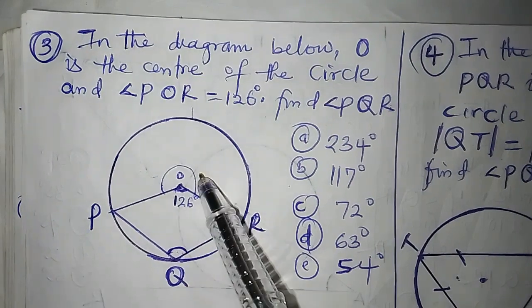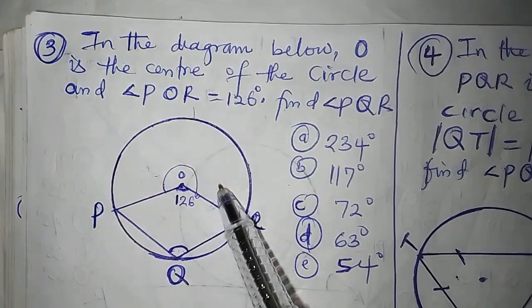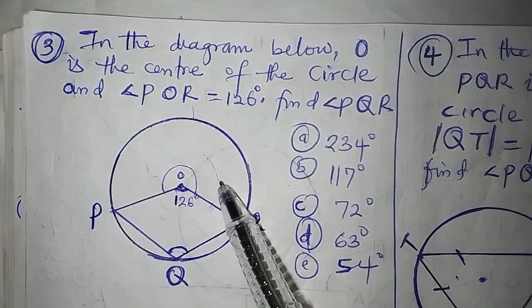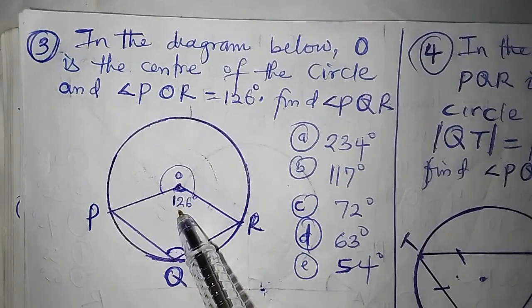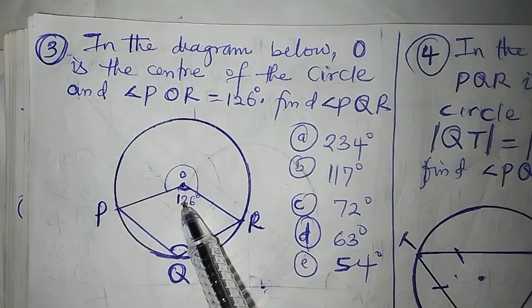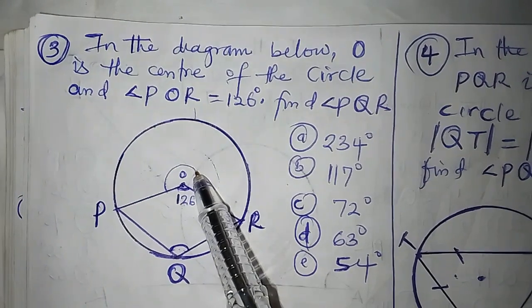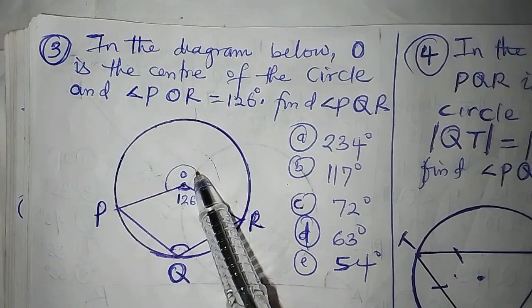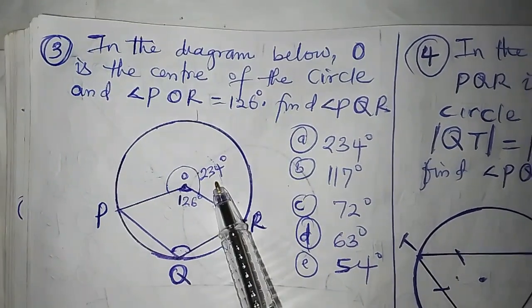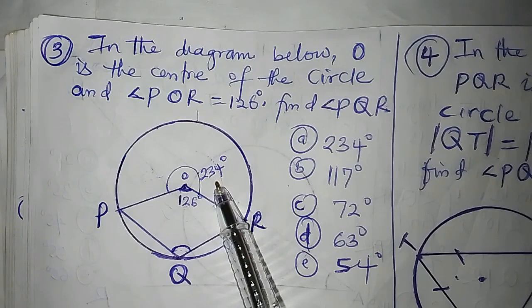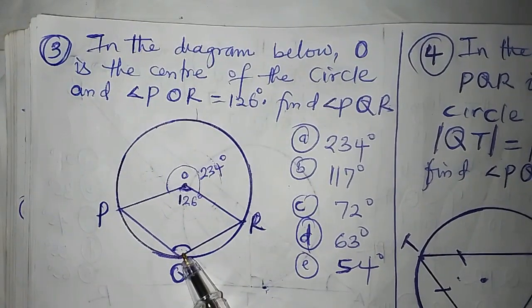Okay? But I know that everything here at this center is 360 degrees, angles at a point. So if I subtract 126 from 360, I will get what is outside. And 360 minus 126 is 234 degrees. So the angle here is 234 degrees. Now, how do I get what is here?